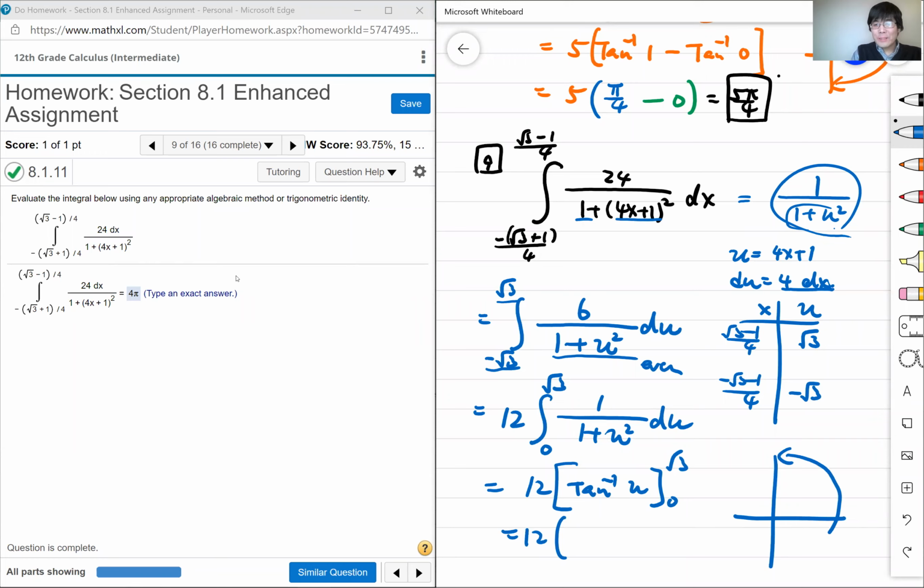So for what angle between negative 90 degrees and positive 90 degrees does the tangent give you square root of 3? The tangent becomes square root of 3 when the angle is 60 degrees, so it's pi over 3. Then the tangent becomes 0 when the angle is 0. So the answer will be 4 pi.